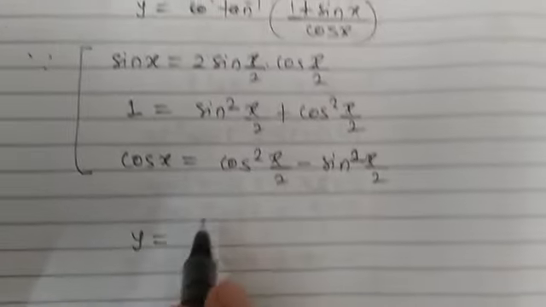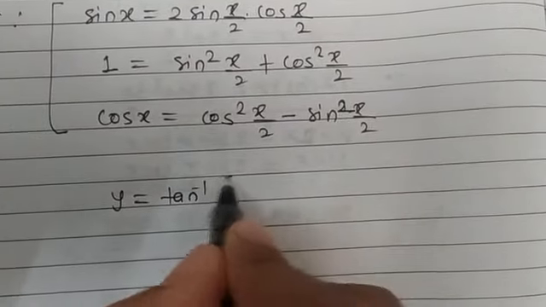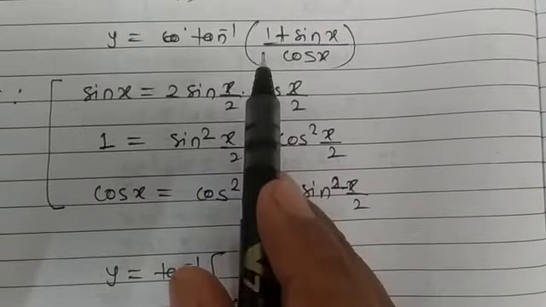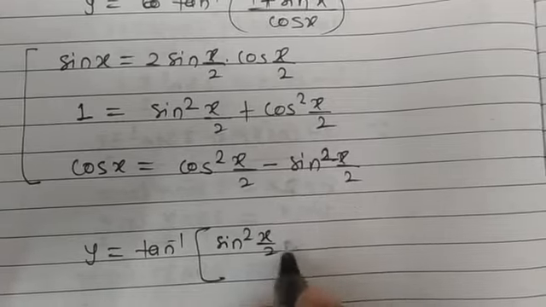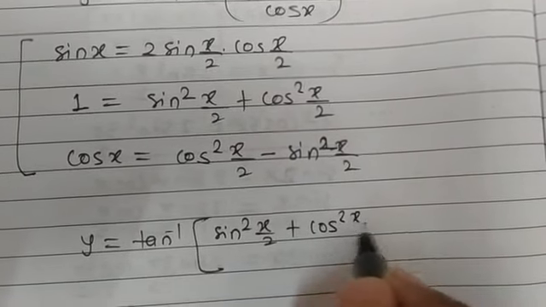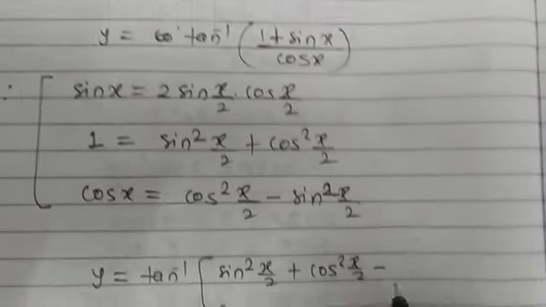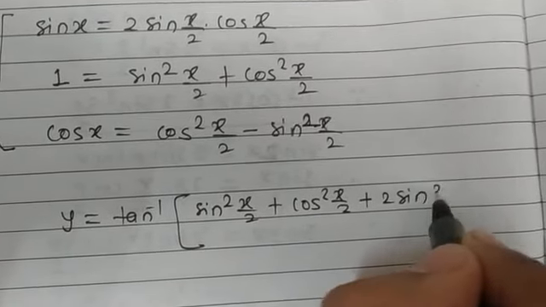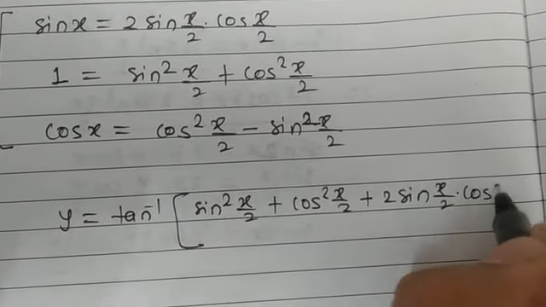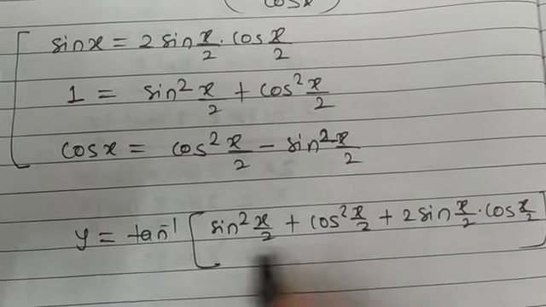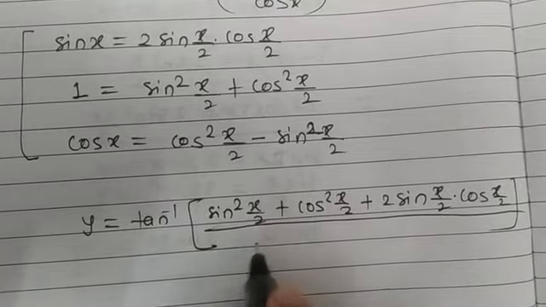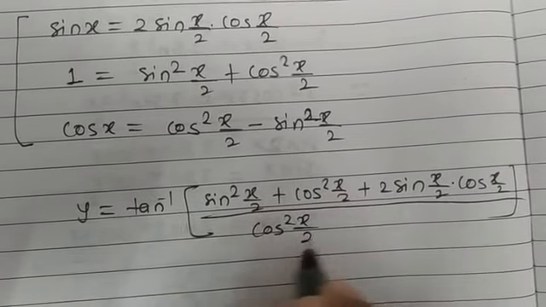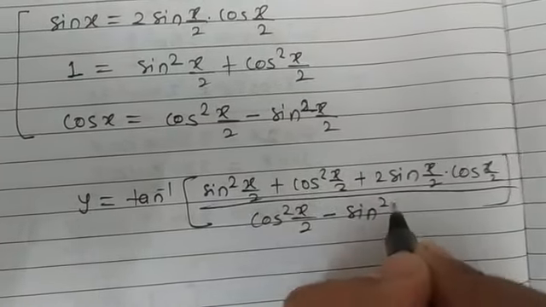So our original example becomes y is equal to tan inverse of, in bracket, the value of this one is sin square x by 2 plus cos square x by 2 plus 2 times sin x by 2 into cos x by 2, whole divided by cos square x by 2 minus sin square x by 2, right?